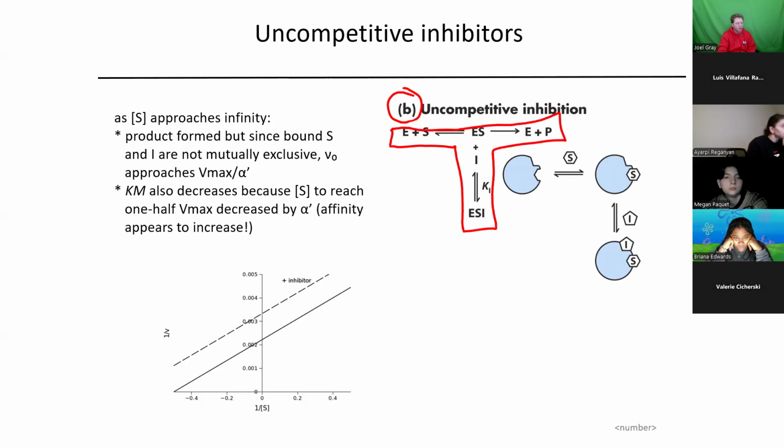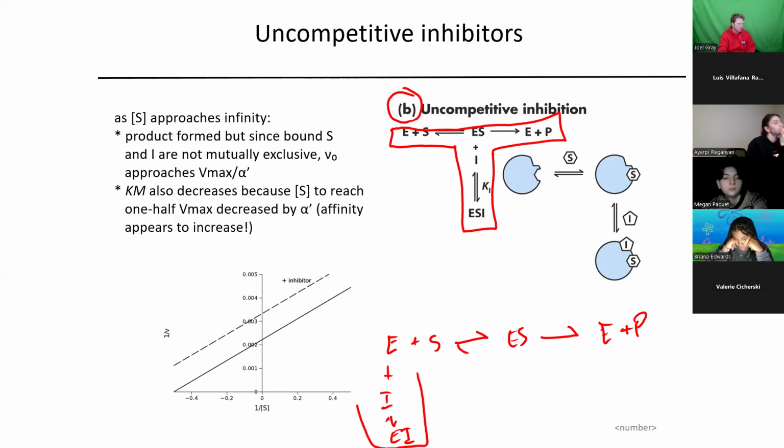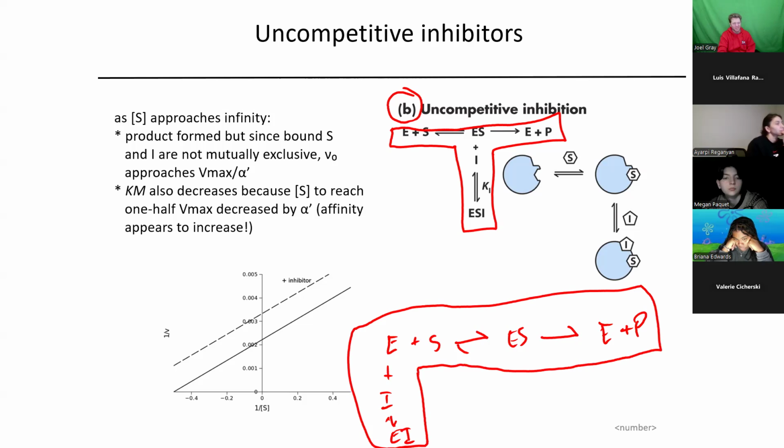and if you remember what our competitive inhibitor looked like, it was E plus S yields ES yields E plus P, and then plus I yields EI. I like to compare and contrast them because they don't interfere with one another in these schematic ways.